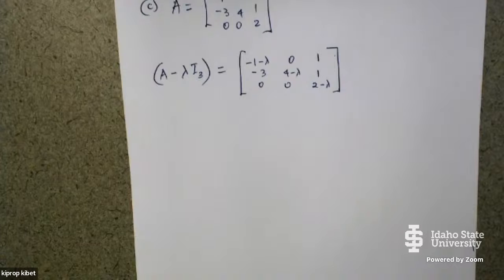Now to get a determinant, you use the same way that we did last time. Actually you can use the one with more zeros. So you can either pick this or pick that. What is the determinant here?